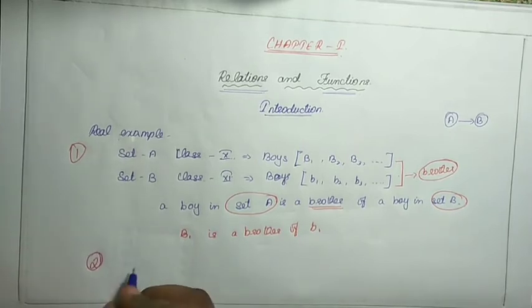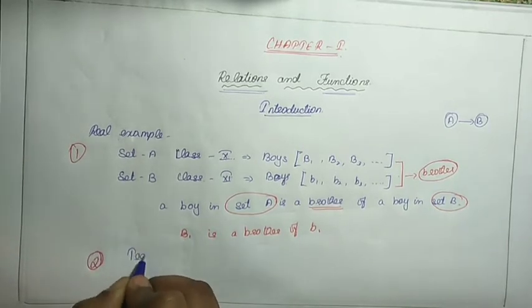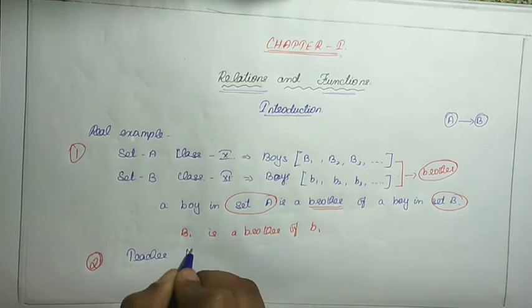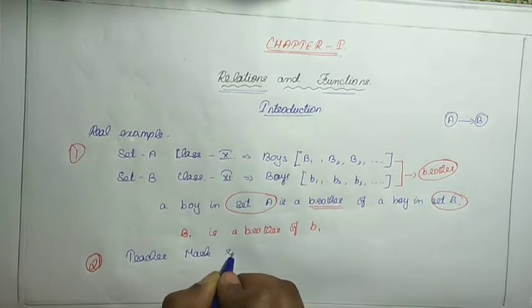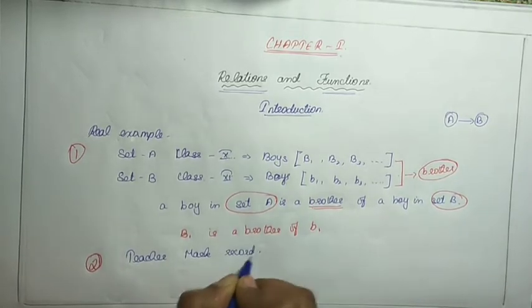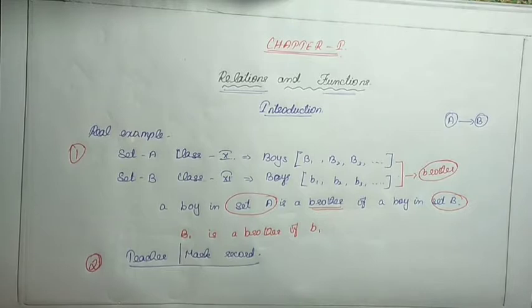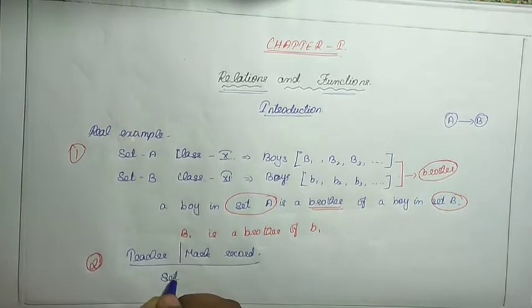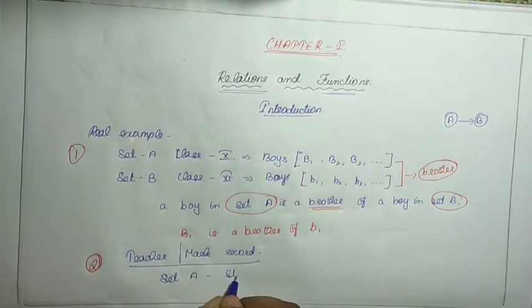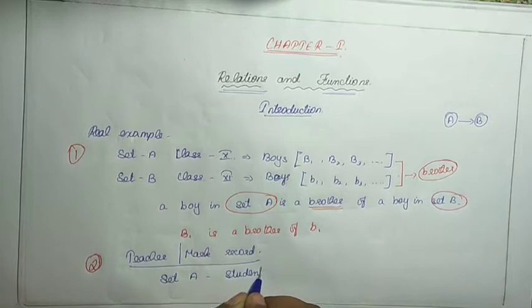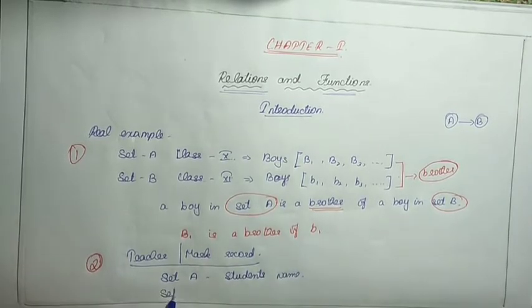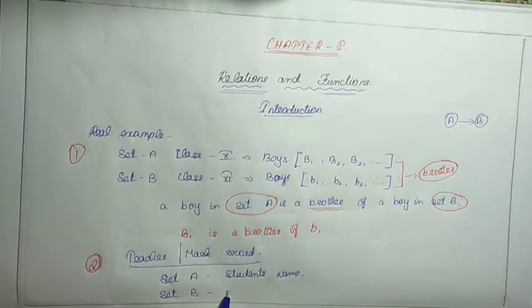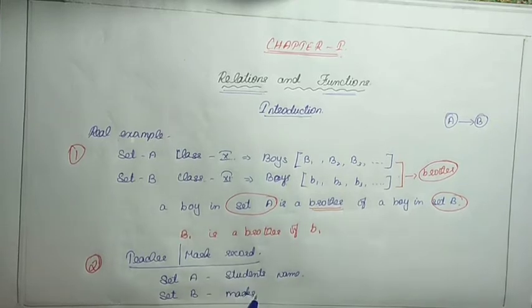Let this be example 1, and I'm going to give you example 2. Just consider a teacher is preparing her mark record. She is splitting it into two sets: set A as the students' names and set B as their marks obtained.